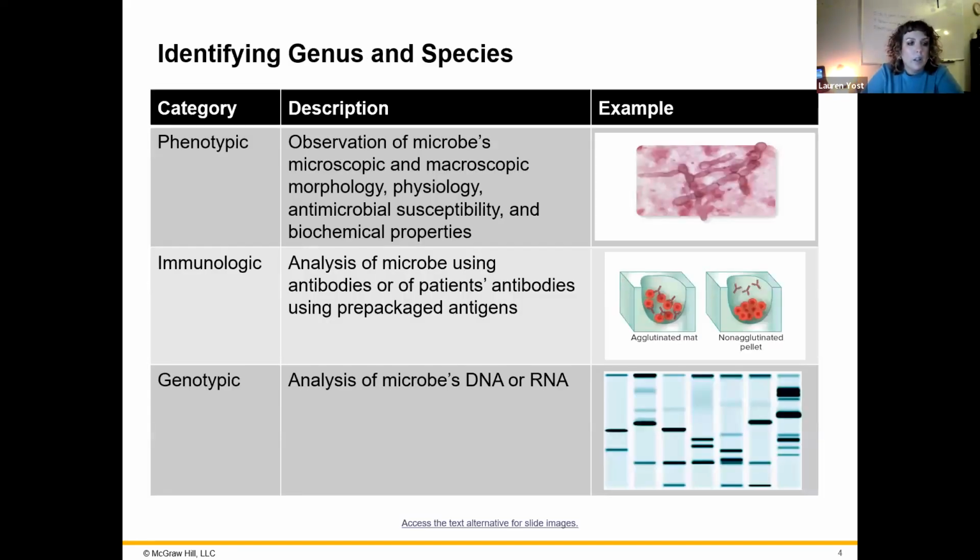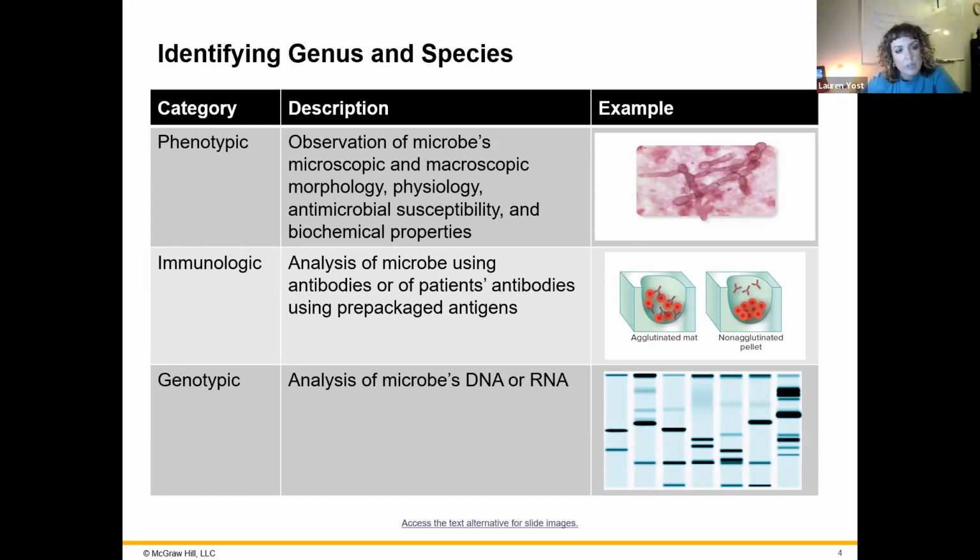All right, anytime we're talking about phenotypic testing, we're talking about observing a microbe under the microscope, looking at the macroscopic aspects of them. Especially if we're talking about mold or something where you can actually see some aspect of it, or even symptoms where you can see discoloration of the skin and or redness, anything like that.